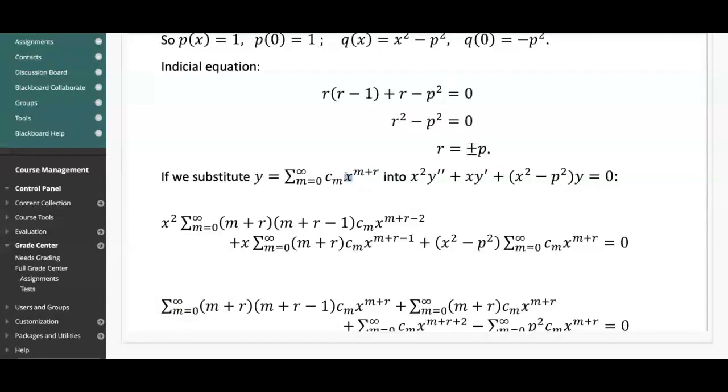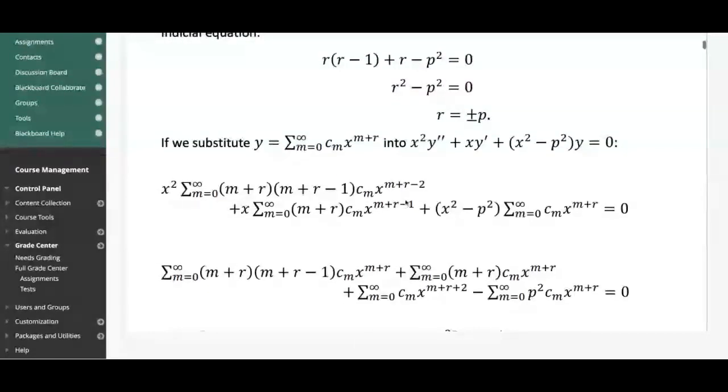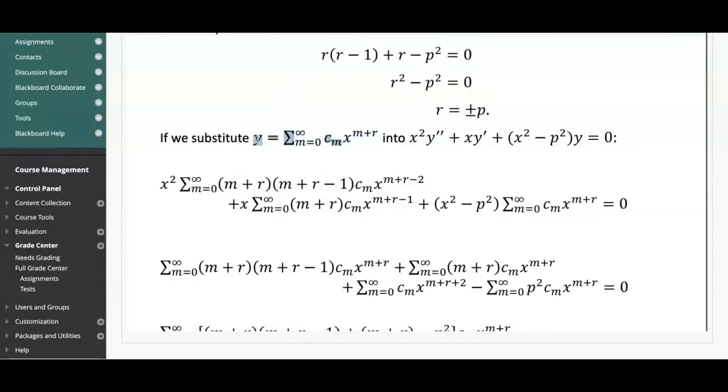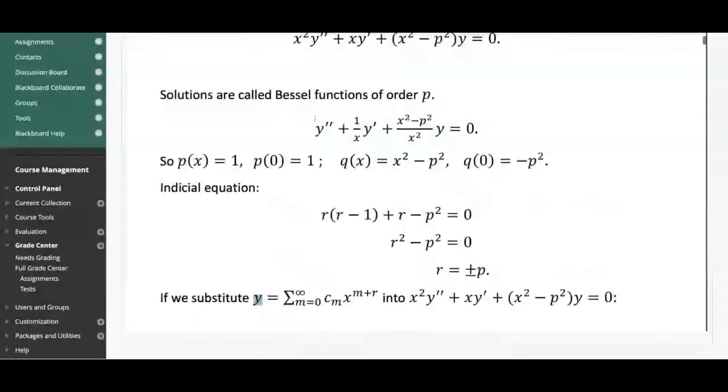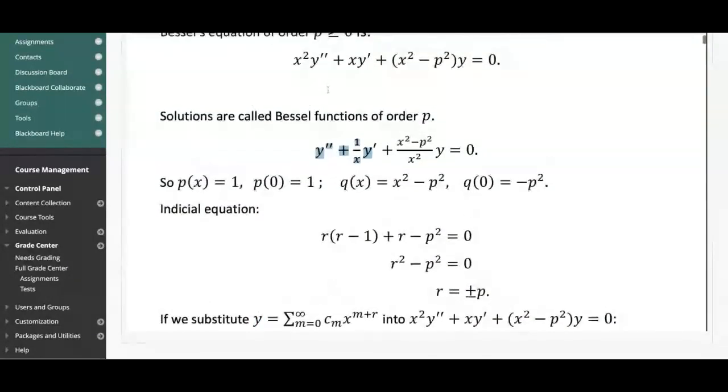We could think of this r as x raised to r up front. In that way, it may be easier to understand where this y comes from: y equals x raised to r, multiplied by this infinite sum. Then with this y, we find y prime and y double prime, and plug back into the equation.